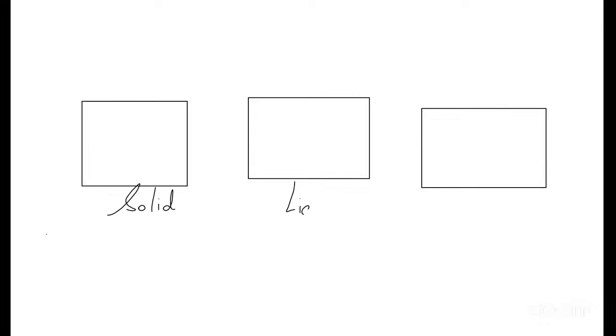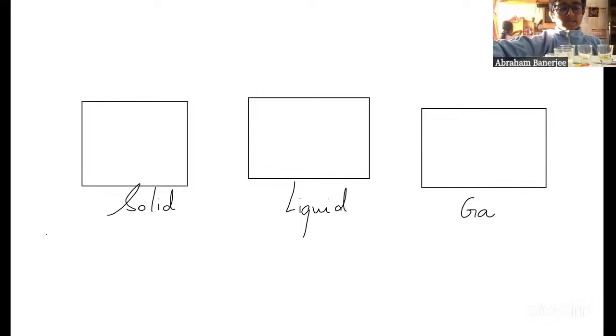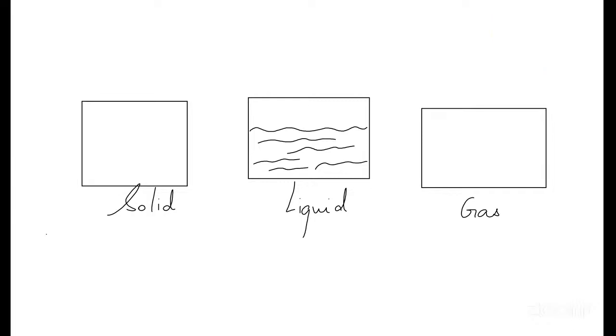Okay, this is solid. Okay, this is liquid. This is Density is about the atoms, right? How much of the atoms are tightly packed, how much are they widespread? Or the molecules.